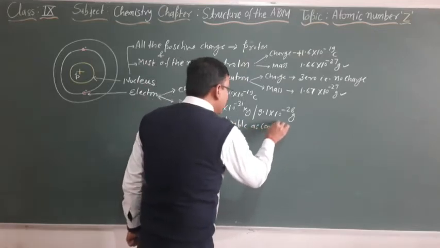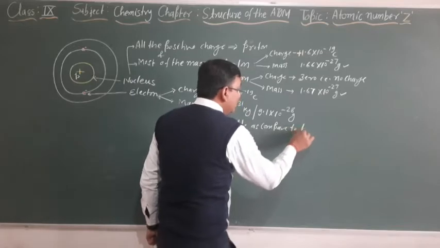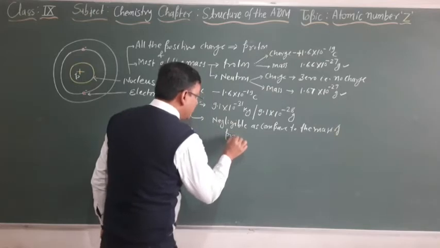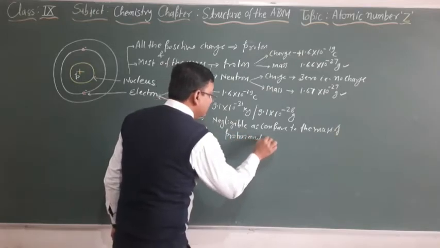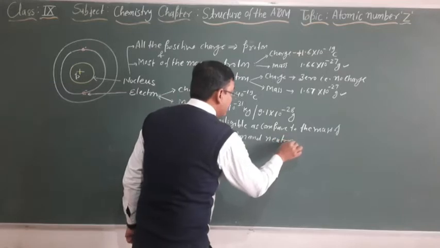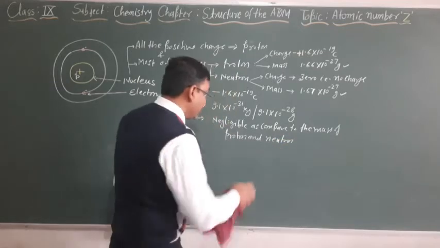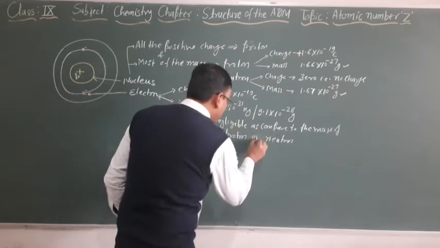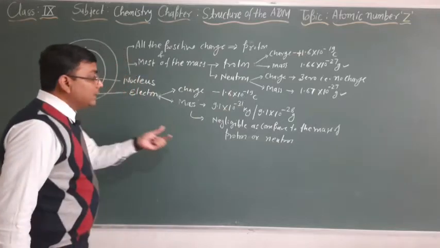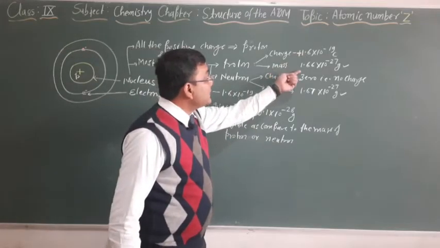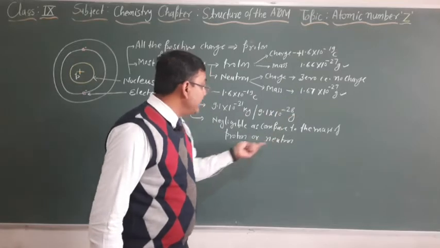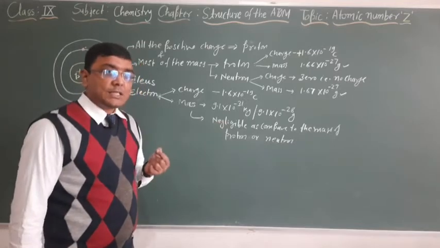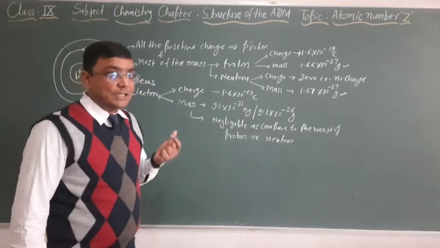When we compare the mass of the electron with protons or neutrons, we find that it is very small, so we consider the mass of the electron negligible.